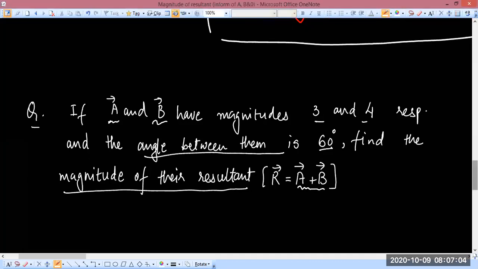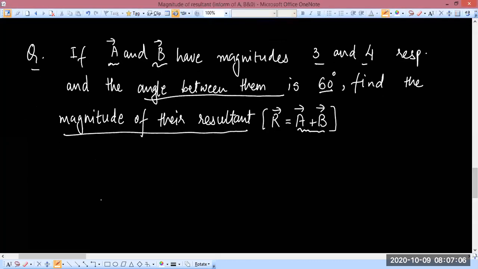Let's draw it first. As usual, I'd like all of you to draw it. Suppose this is A vector with magnitude 3, and here is B vector with magnitude 4. And the angle between these two is 60 degrees.